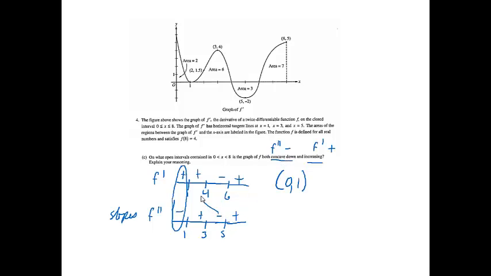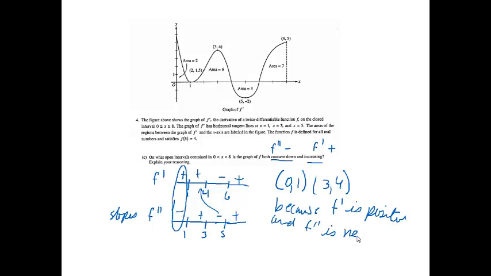I'm going to say it starts at 3 because f prime is positive at 3, and then I'm going to have to stop it at 4. So the other spot is 3 to 4. And I will say this is because f prime is positive and f double prime is negative. So there we go. That part would have been worth 2 points, 1 for the answer of 0 to 1 and 3 to 4, and 1 point for your justification.